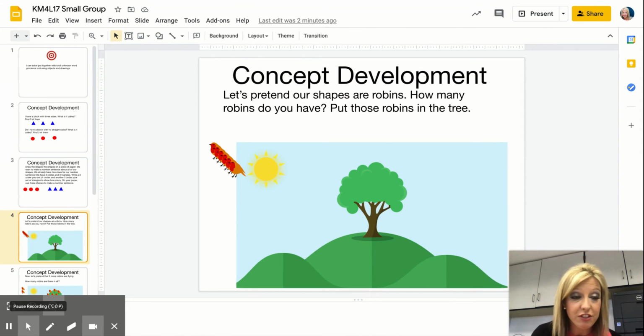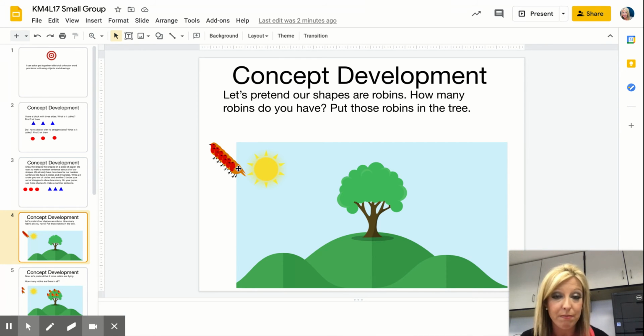All right, you don't have to draw this one, but how many shapes did we have in our last problem between the triangles and the circles? We had 3 circles and 3 triangles, so we had a total of 6. Very good. So we want to pretend those shapes are robins, and a robin's a type of bird.